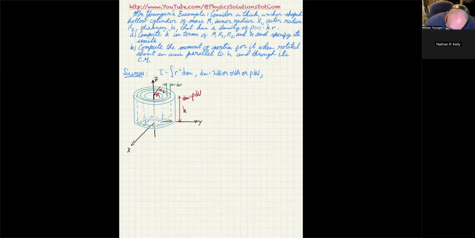But I also want to point out that we have to know, for instance, what the units of K are. And we can do that from the formula that we get when we solve part A. But we can also do it just by looking at rho of R is equal to K times R, because rho is a density. It's a mass per unit volume, so it literally should have units of kilograms per cubic meter.